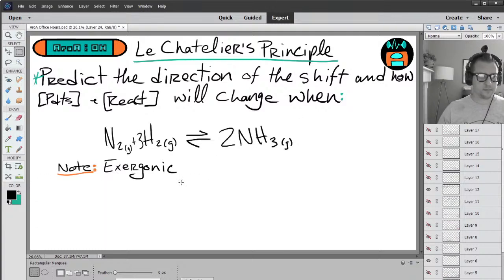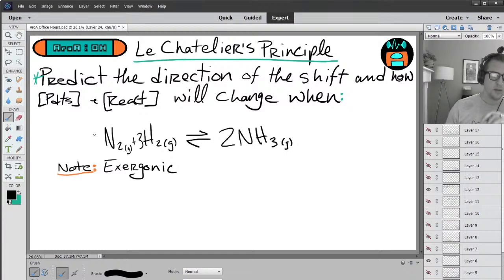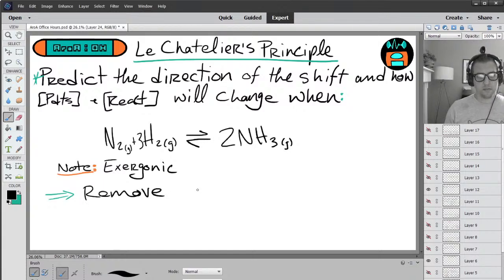All right. So let's do a few of these. So what'll happen to equilibrium if we remove N2? All right, so we have N2, which is on the reactant side of this reaction. If we remove it, this is going to affect the rate of the forward reaction.